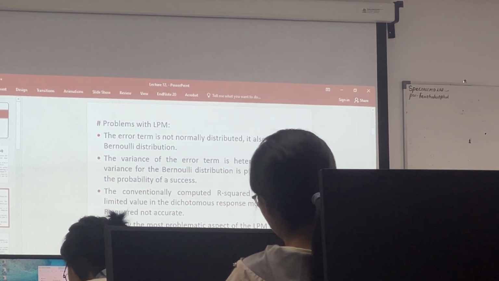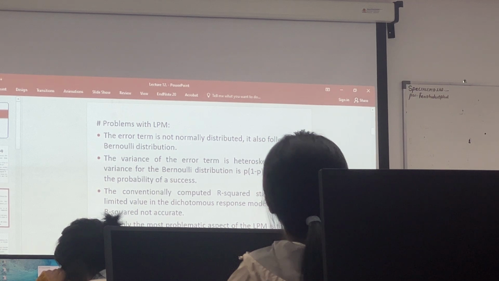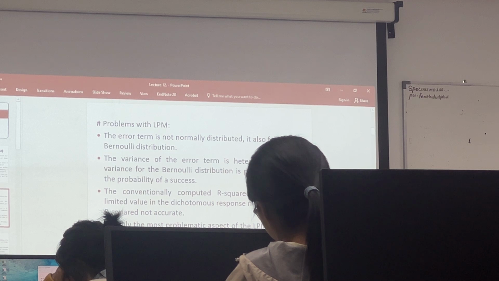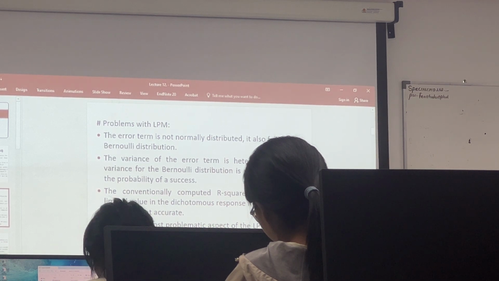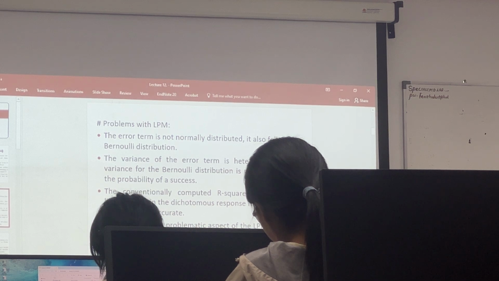Because our dependent variable is a dummy variable, 0 or 1, we want the expected value to be between 0 and 1. Remember, the expected value means the fitted value: when you estimate, you get the y hat fitted value.